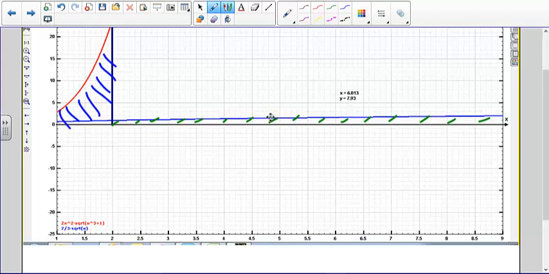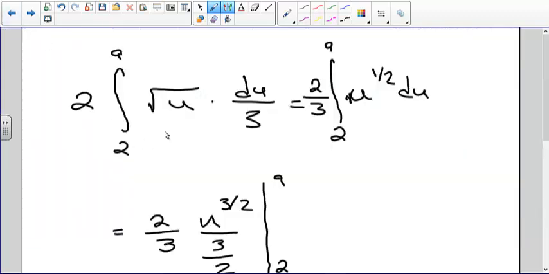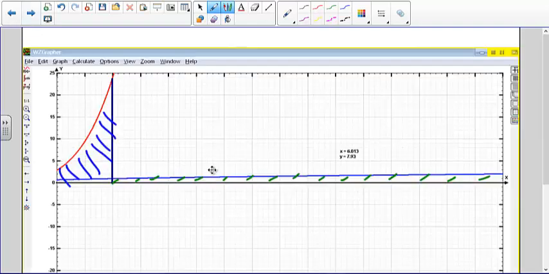This other curve is the u equation, which is the square root of u, but with the proper factors. So that's 2 times the integral from 2 to 9, which are the u limits, of the square root of u. If you plot the square root of x, it's this equation.